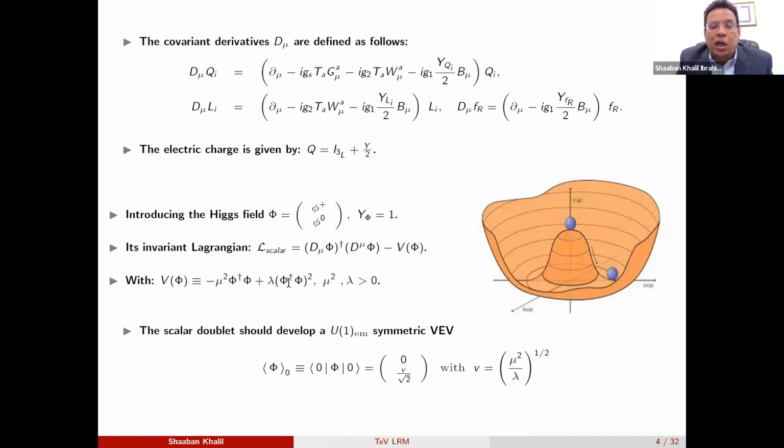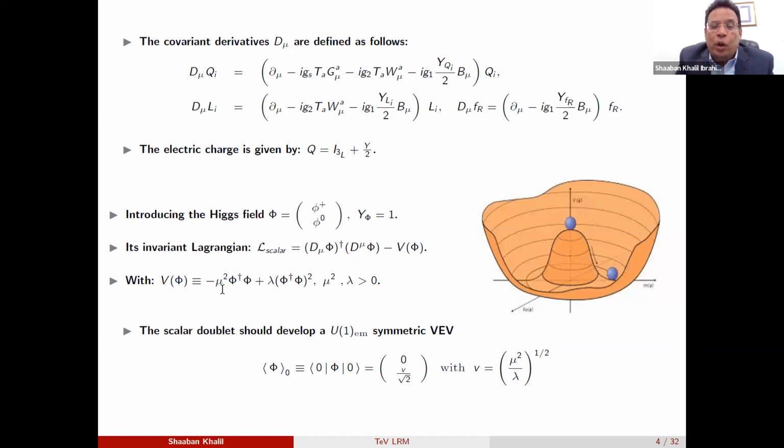Otherwise, with the phi to the power 4 term and negative lambda, for very large phi you will take your potential down to minus infinity. It is called unbounded from below. So to guarantee that your potential is bounded and physical, lambda must be positive. This is easy and is a normally accepted assumption.